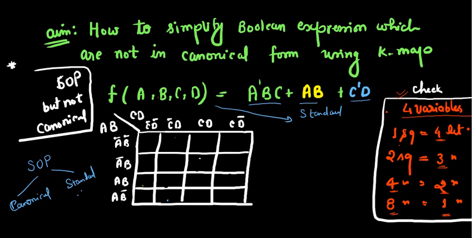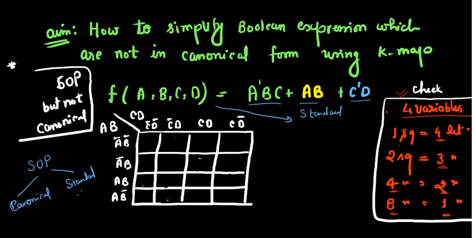Here it is written A prime B C. We first need to see where we can find A prime B. This whole row corresponds to A prime B. Then we have to see C, where C is 1.